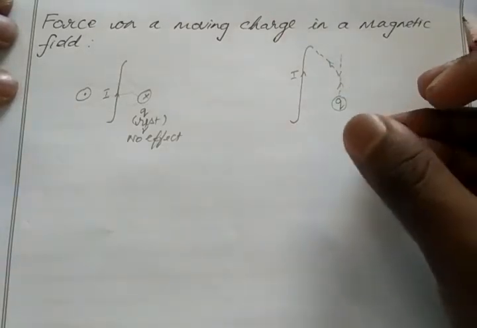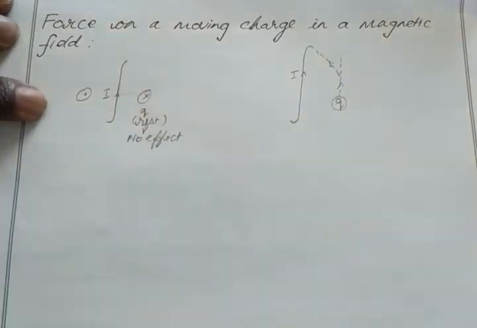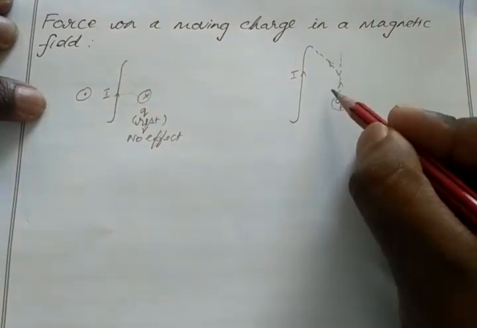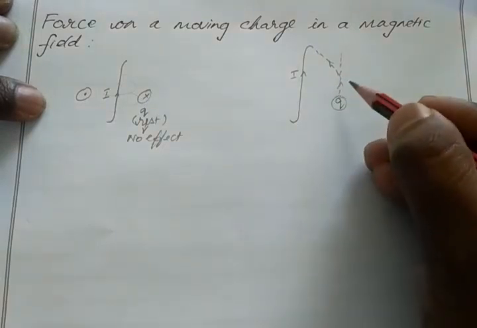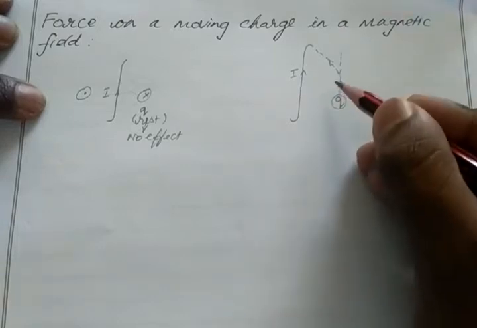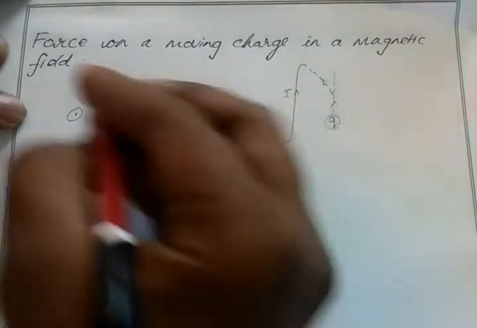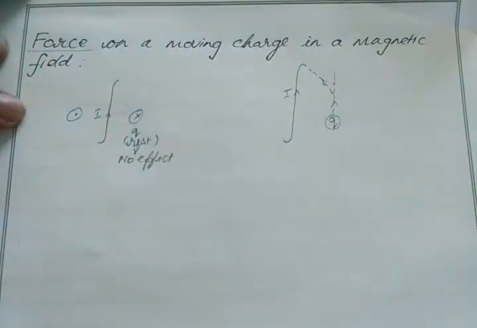So this charge changed its uniform motion because some external force acted upon it. What is that external force? That force is nothing but magnetic force.